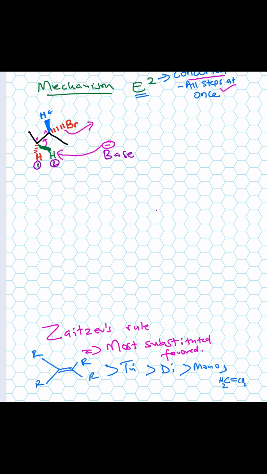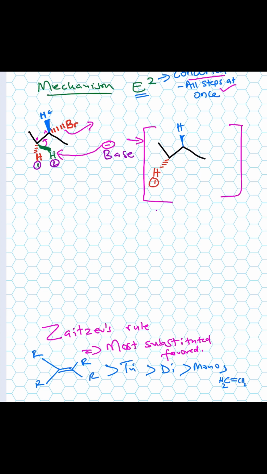Now we need to draw a transition state, and we do that by using square brackets, and then I'm just going to show the backbone of what we have there. We still have that blue hydrogen, nothing happens to it, and the red hydrogen that has the wrong orientation is still there, the one we labeled 1.